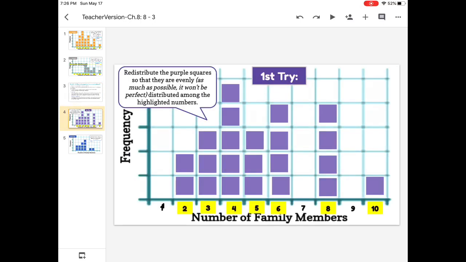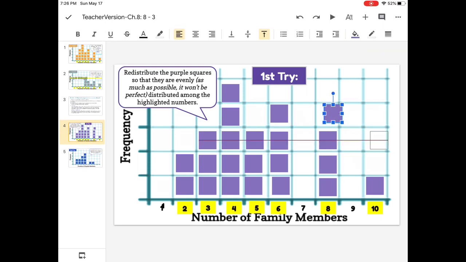So to make it easier for you, I've also copied and pasted the directions onto each slide. So again, the first try says you want to redistribute the purple squares so that they are evenly as much as possible, so that it is distributed among the highlighted numbers again. The highlighted numbers are the participants or the number of families in the classroom. So some people don't have 9, some people don't have 7, and some people don't have 1.